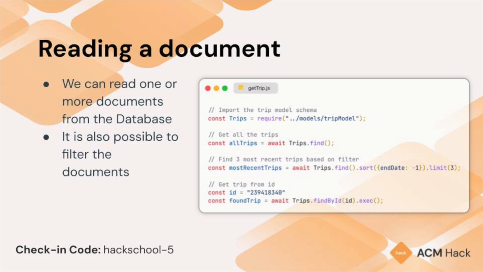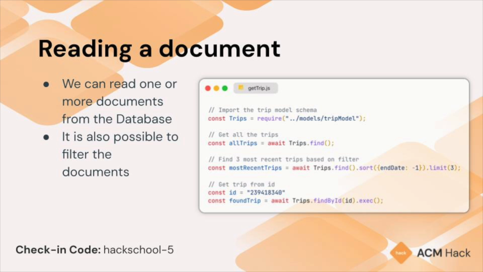And then this is what I mentioned before. It's very helpful to be able to get one single trip in a website, sometimes if you want to select a specific trip and show it to the user. Here, the ID is just a made-up ID, but you would grab the ID from the object ID in your MongoDB database. When you create a document, it automatically creates an object ID for it.